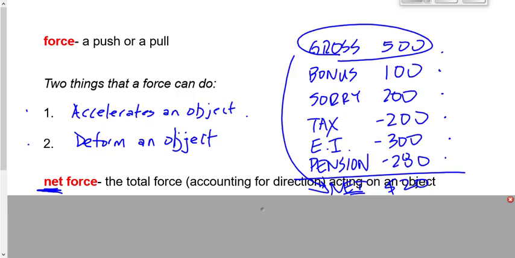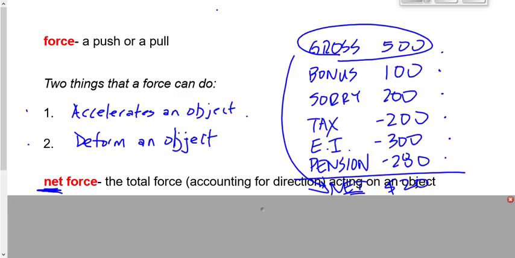The net force is the total force after you add all of the forces together, including the positives and negatives. So let's say Jacob pushes on Rachel's desk with a force of 20 newtons to the right. Okay? Christine pushes on her desk with a force of 10 newtons to the right. I push on Rachel's desk with a force of 5 newtons to the left.